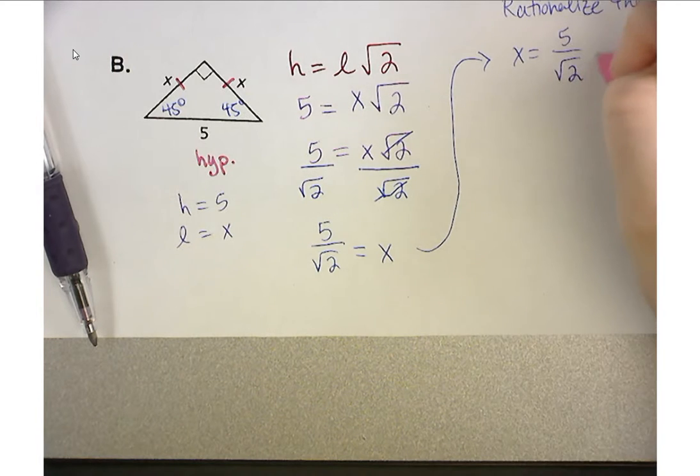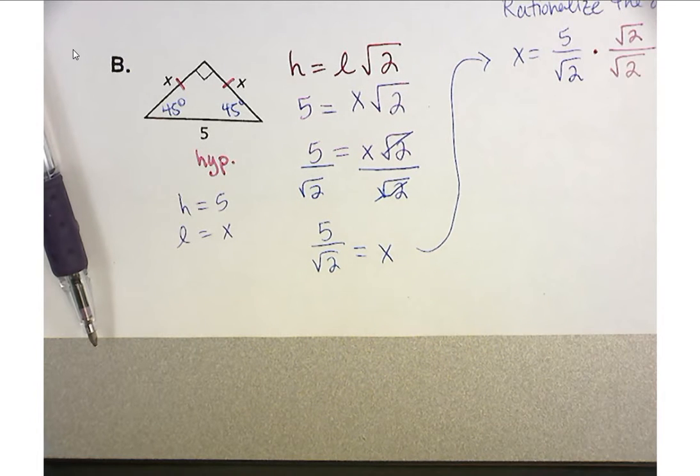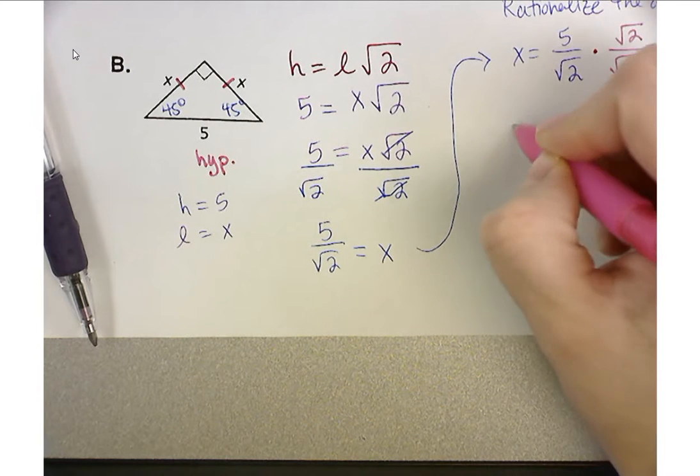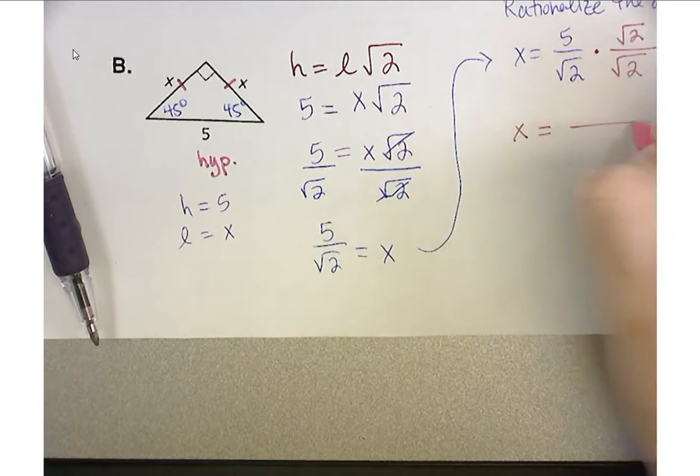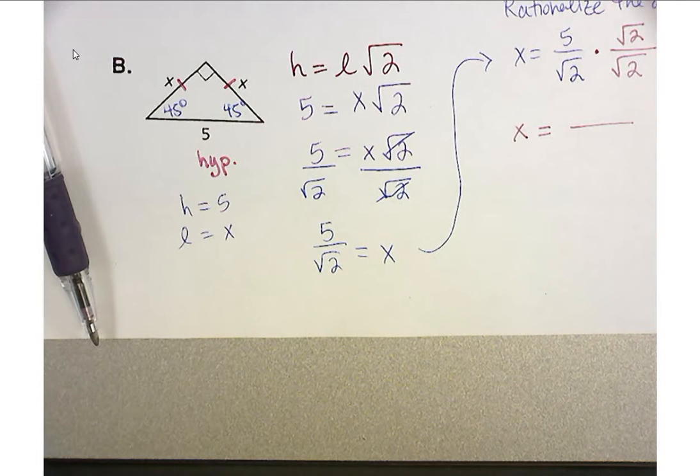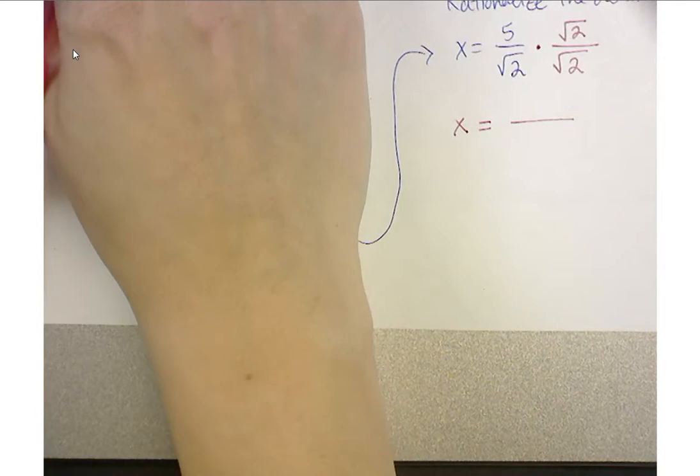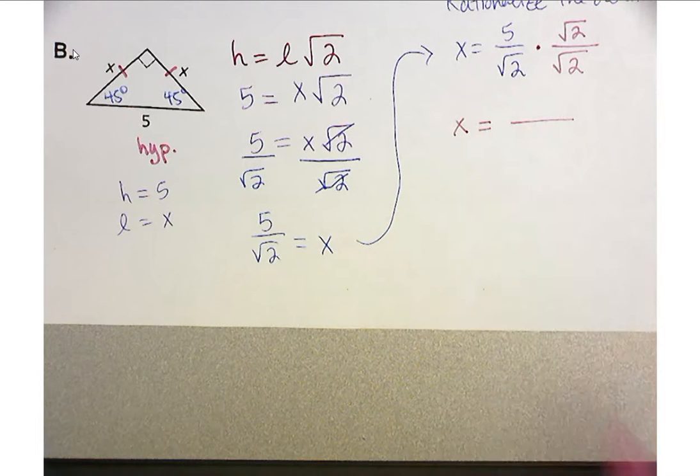Perfect. So a lot of times what people will say is multiply by the square root of 2. But Robert didn't say that. He said it right. You multiply by the square root of 2 over the square root of 2. Because the square root of 2 over itself is what? 1. Okay, so Ava M, help me multiply straight across. So if I do 5 times root 2, how do I write that?